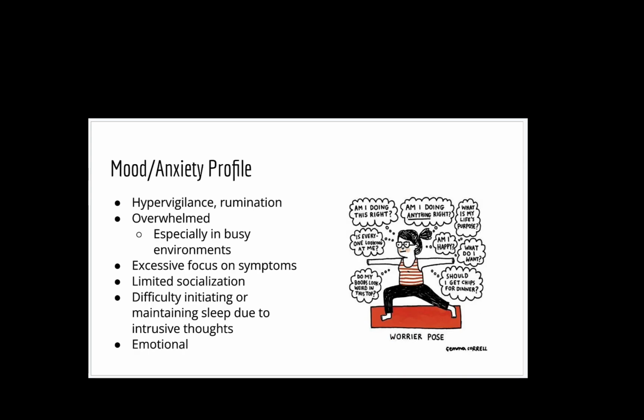The mood anxiety profile is our last one. This is usually the one that's telling you about their feelings of being overwhelmed, a person that has a lot of stress, they're reporting anxiety. They're usually the ones that are kind of withdrawn into their room or kind of pulling away from social activities. They may be reporting intrusive thoughts.